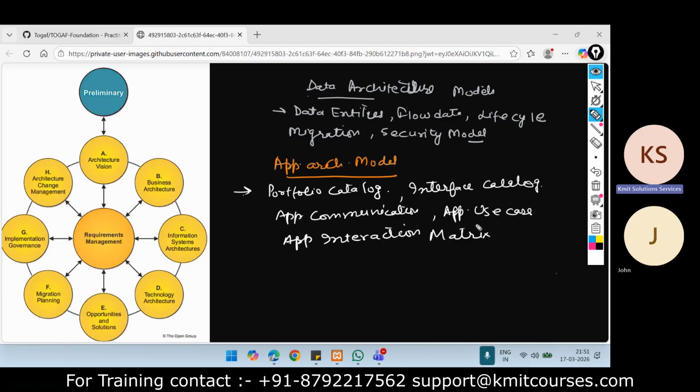For example, if you are having a data engineering course, in data engineering we discuss in detail something related to database tools like MySQL or DBA-related activities. So there we discuss. Here it is just information that the data architecture model will have data flow diagrams, and the detailed part is not covered.